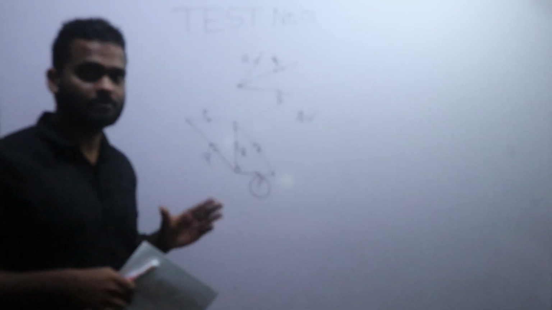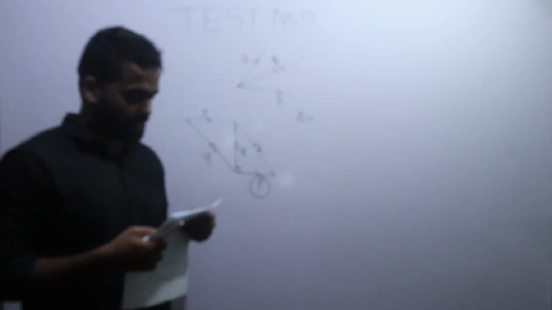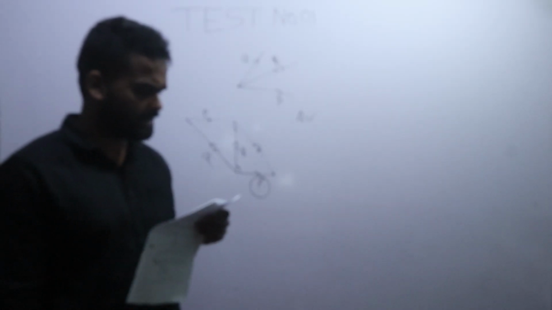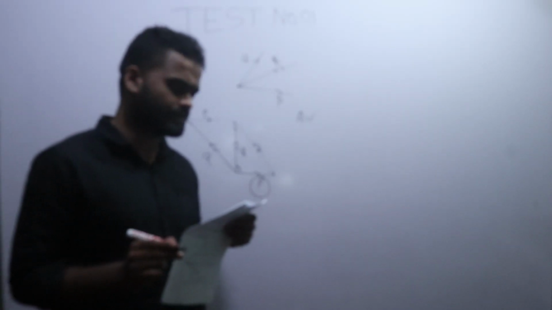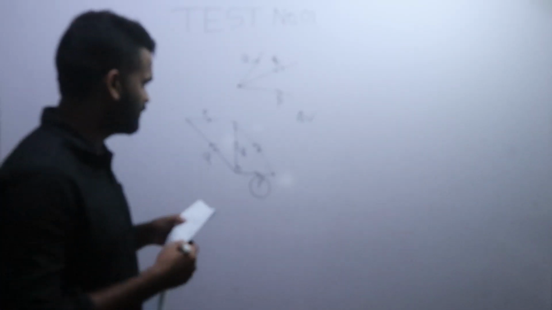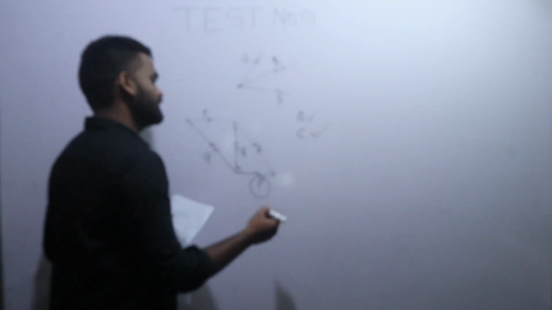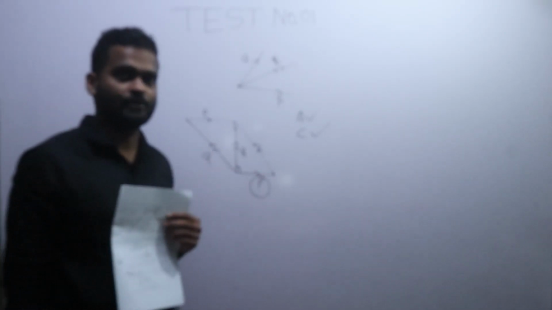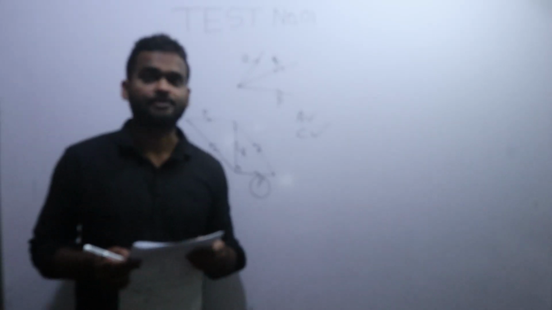It cannot be perpendicular, it is not possible. Then the other one is the angle between the two velocities should be obtuse. So it is obvious that C also is correct. Between P and Q, the angle is obtuse. So the answer should be A and C. So the answer should be the first one.